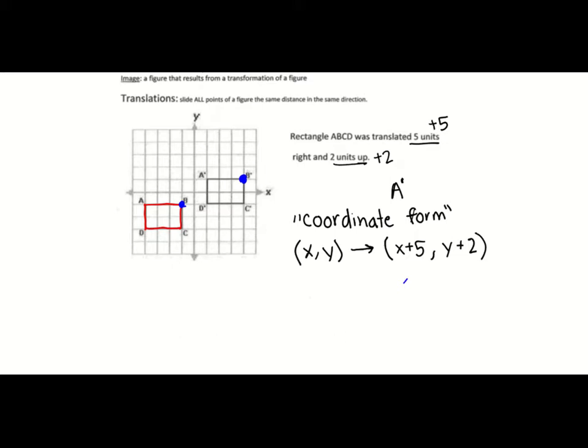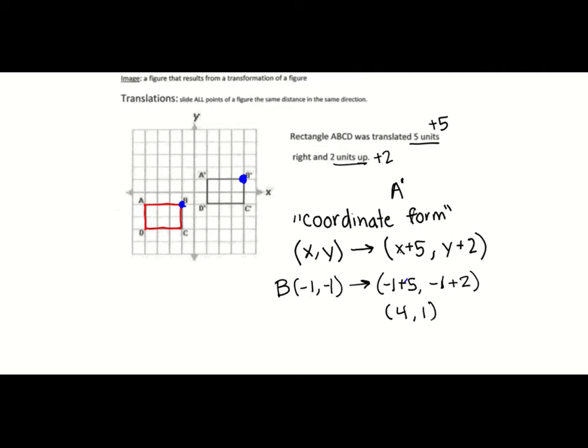So then what you can do, if you just know the points, if you knew that point B, so let's write B was (-1, -1). When we transform that point and we plug in here, we have -1 plus 5 and -1 plus 2. Our new point gives us (4, 1).